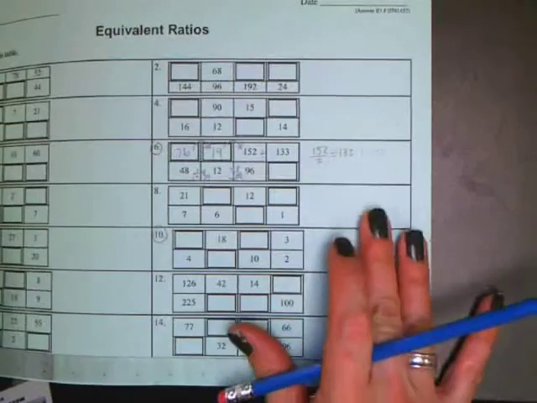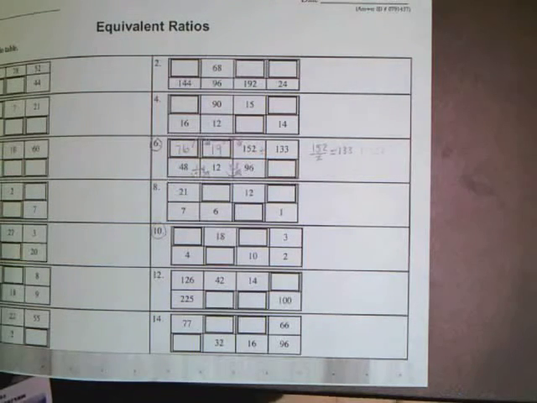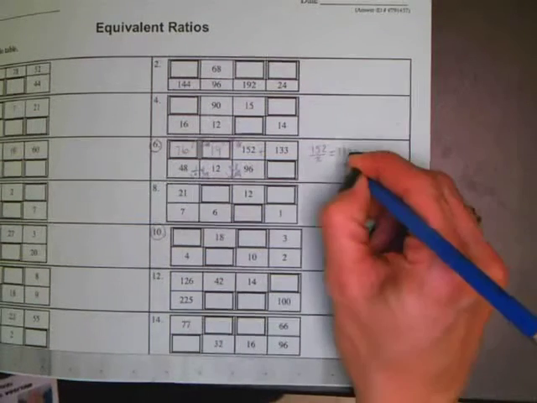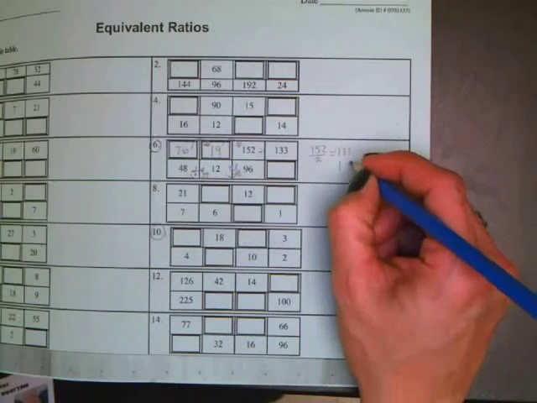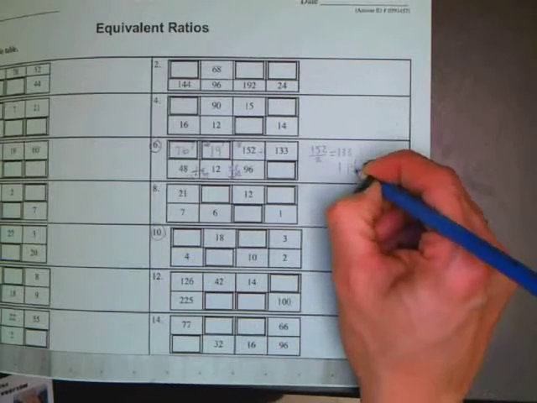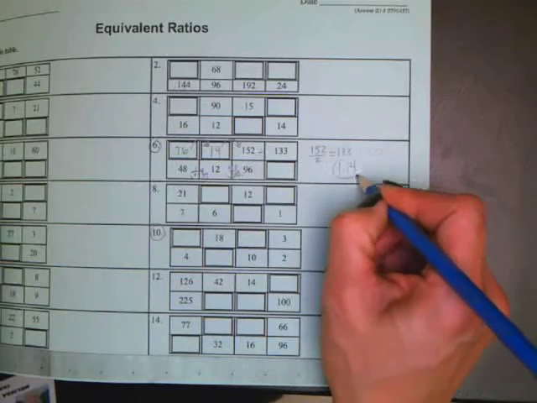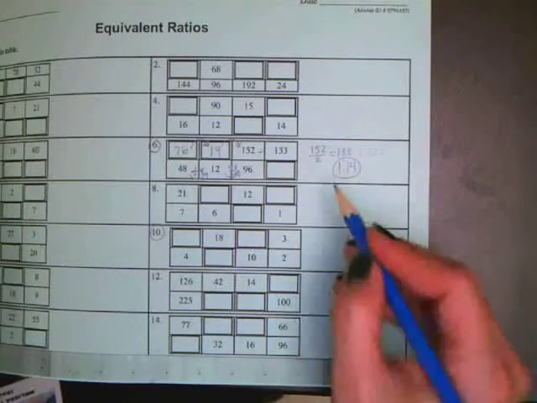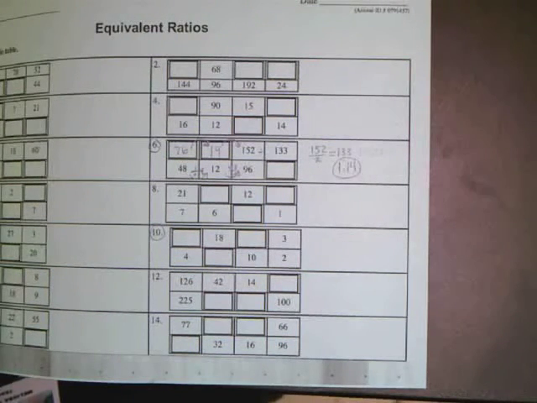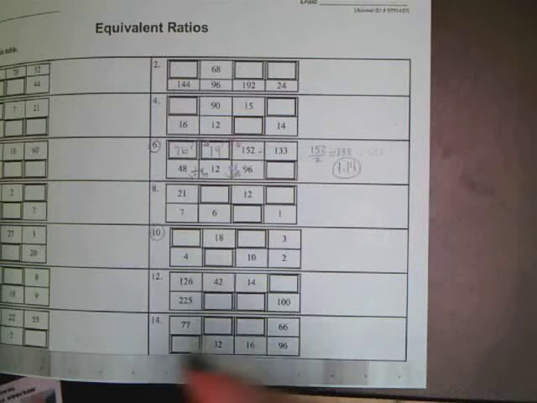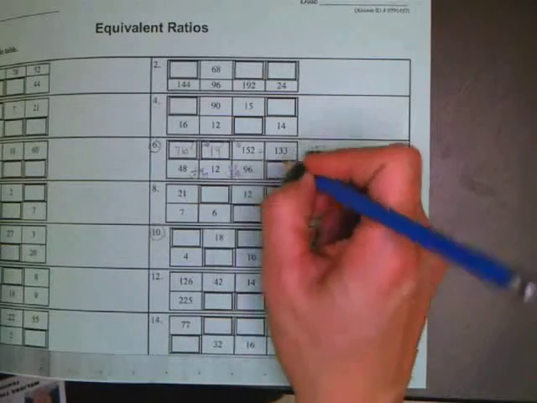Or I could take 152 and divide by 133, and that's going to give me 1.14. Let's see if that number's going to work. So let's just take it and go back. 133 times 1 and 14/100ths, and that's going to give me 152.